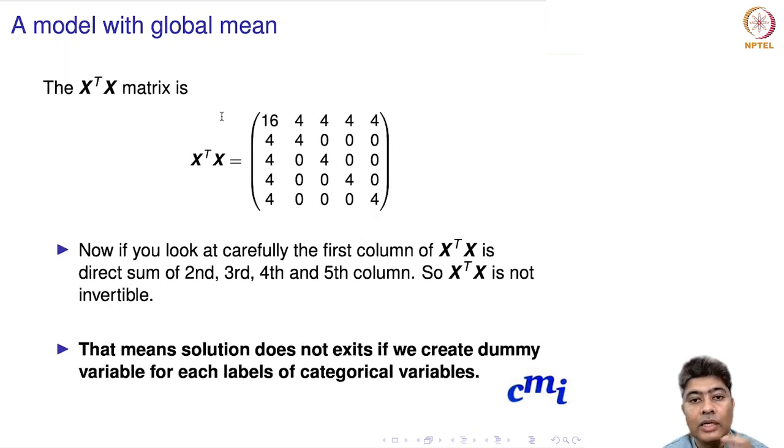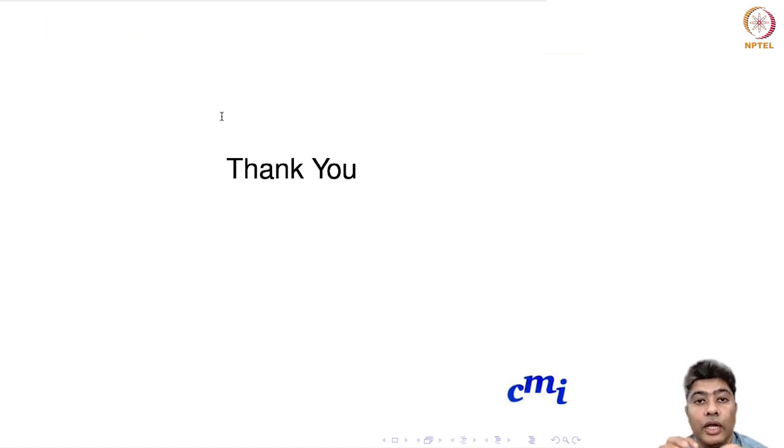As a result, one column becomes completely dependent on some other columns, and hence we are not going to have an invertible matrix or an analytical solution at all. For this case, the solution does not exist. So you have to be very careful when you handle categorical variables with different labels. Let us stop here and we'll continue in the next part.